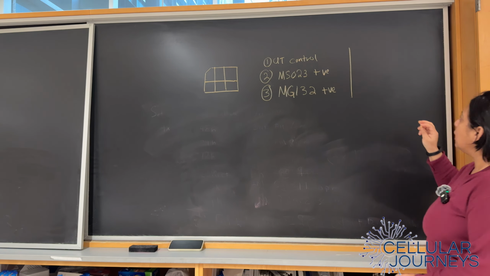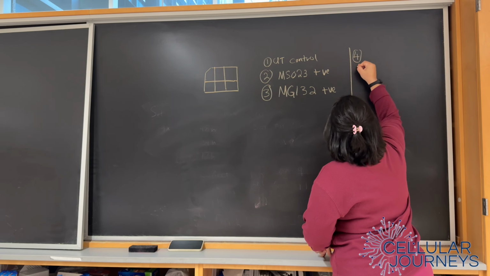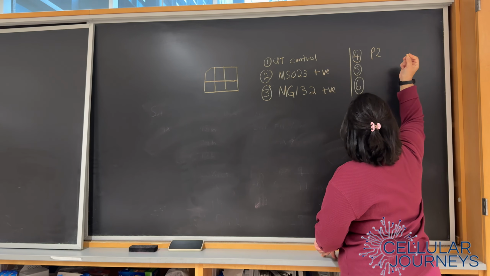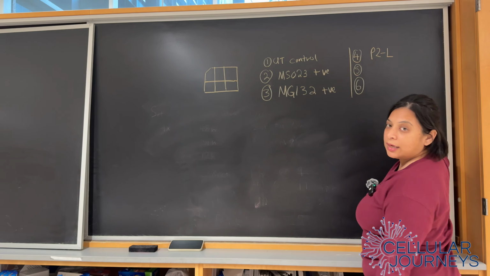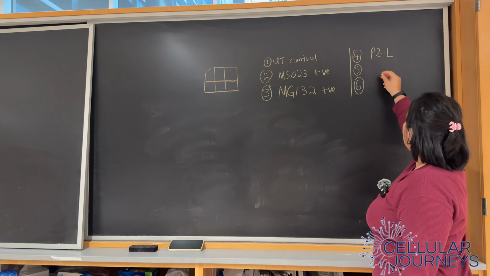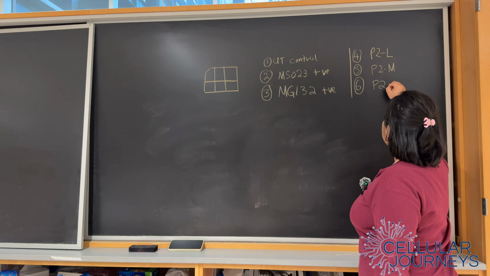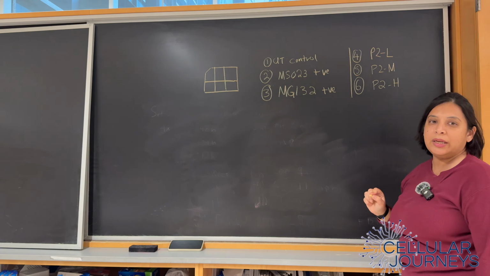And our own drug is the P2 compound. And we are going to look at a dose-dependent response, so whether or not there is a dose-dependent response, by running 3 concentrations of our P2 drug, which we are just going to call low, medium, high.